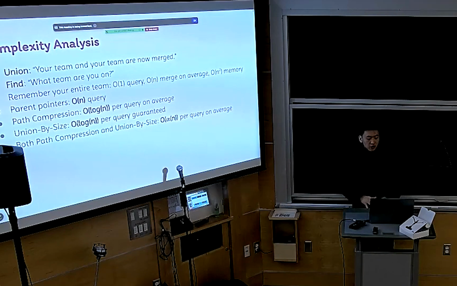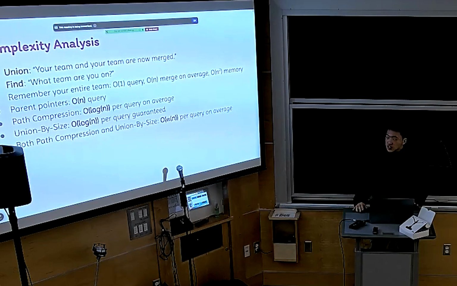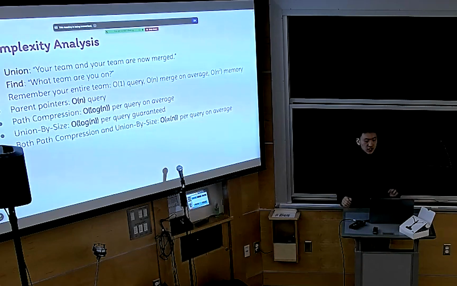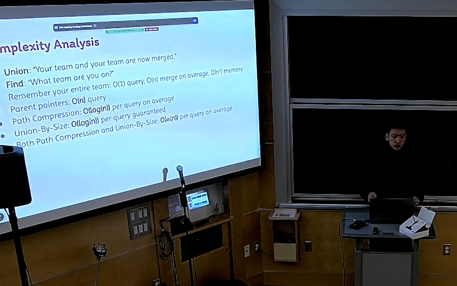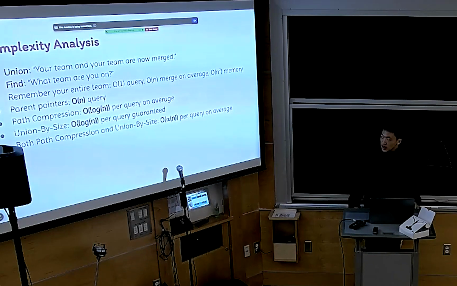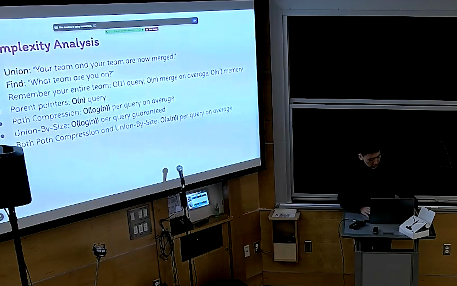But it turns out path compression is O of log n per query on average, which is incredible because it is also such a simple observation. I didn't provide a proof because it's quite complicated to prove that this is the case. Union by size turns out also to be log n per query, which is really nice, which we proved on the previous slide.